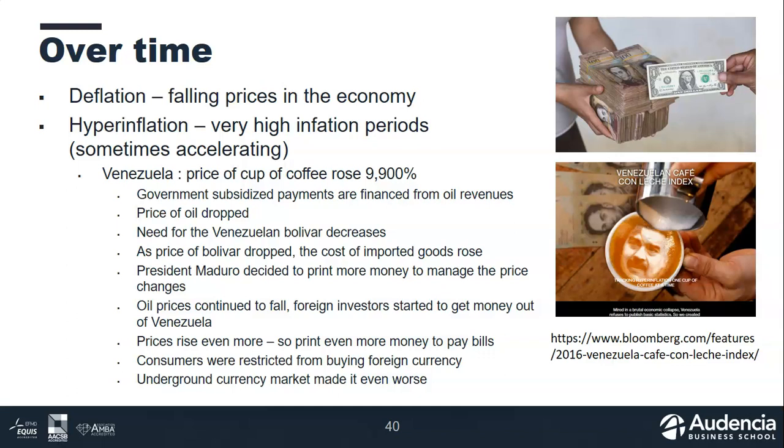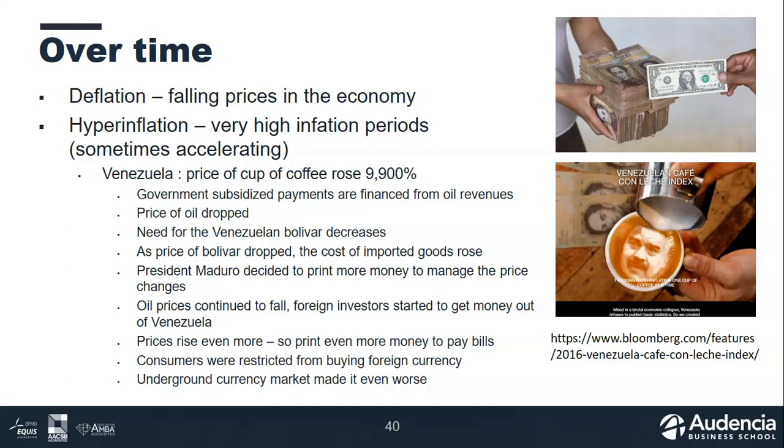And as the price of oil dropped in the markets, you needed fewer bolivars to buy the oil from Venezuela, so the demand for bolivars decreased, and so the price of the bolivar dropped.